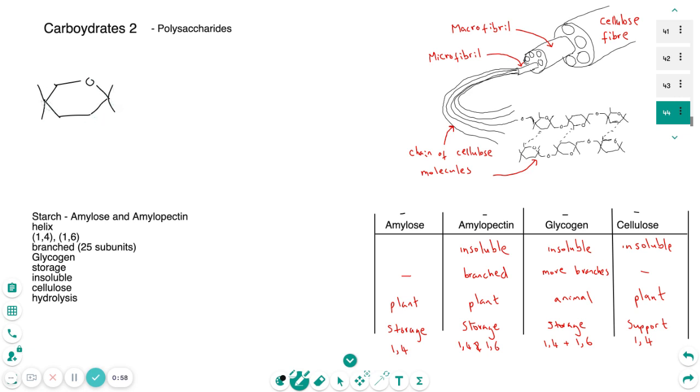So hopefully you can guess here that I'm drawing an alpha glucose, because the H is above on the right hand side, and that alpha glucose can bond with another one when these hydroxyl groups interact with each other. Let's get rid of that O as well. And then we're going to get our oxygen bridge.